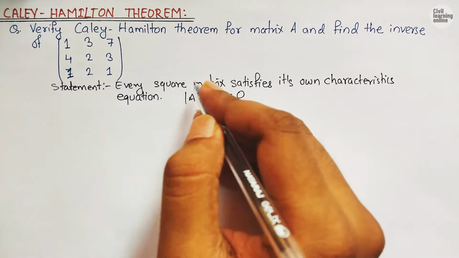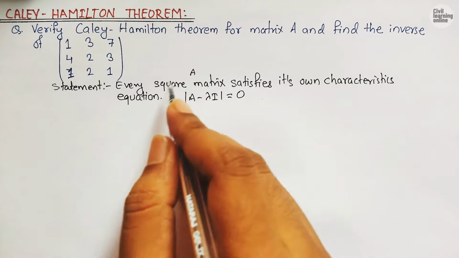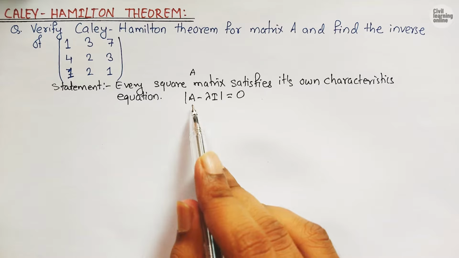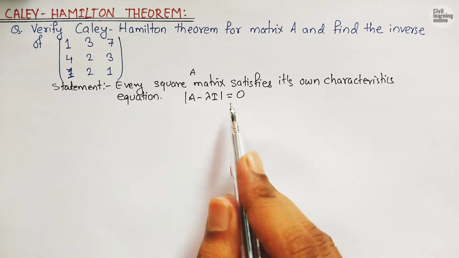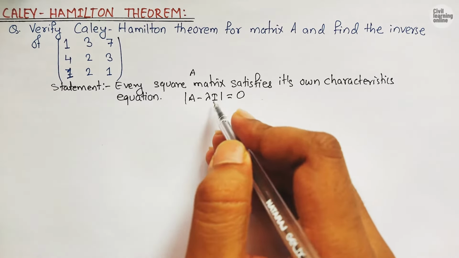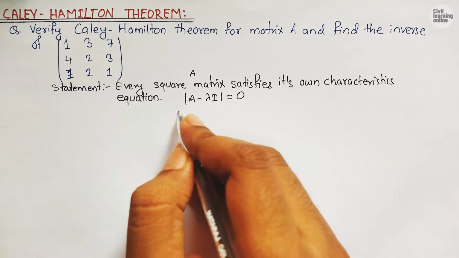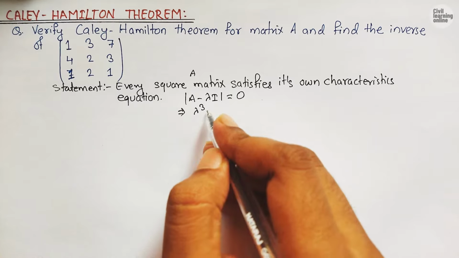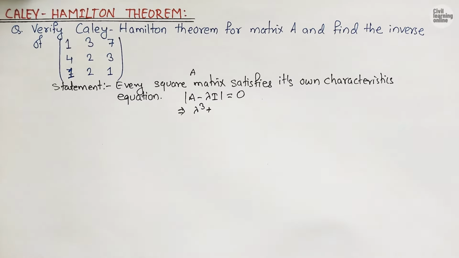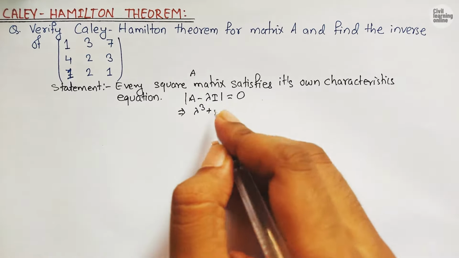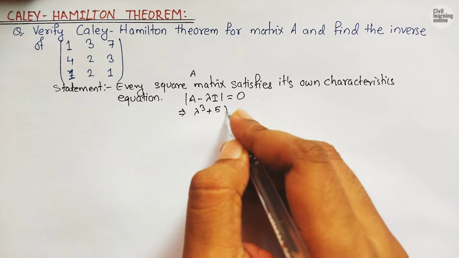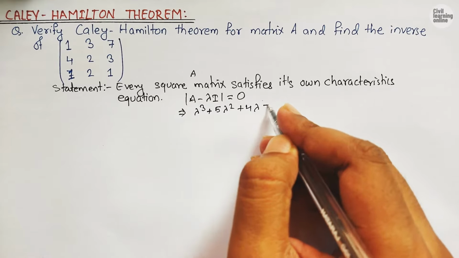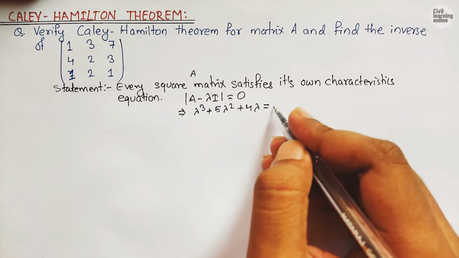And we have supposed that the square matrix is A, and for square matrix A we have the characteristic equation determinant of A minus lambda I equals 0, and on solving this characteristic equation we will get a polynomial of the form lambda cube minus or plus, suppose this is just an example, 5 lambda square plus 4 lambda equals 0.